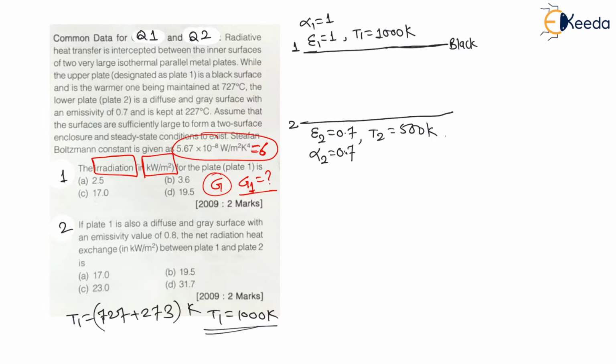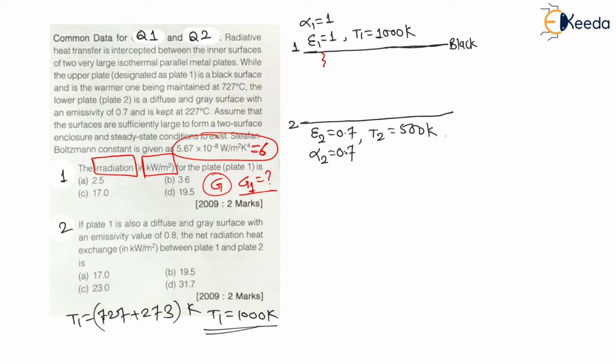But in case of radiation, each and every body at a temperature more than 0 Kelvin always emits electromagnetic waves in the form of radiation energy. Therefore here body 1 as well as body 2 will emit electromagnetic waves in the form of radiation energy because they are at some temperature more than 0 Kelvin. The radiation energy emitted by the black body is called the emissive power of a black body.